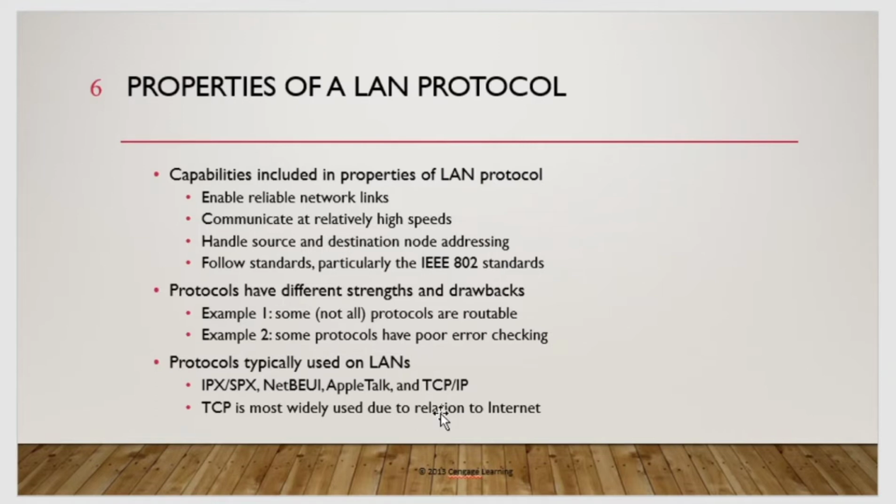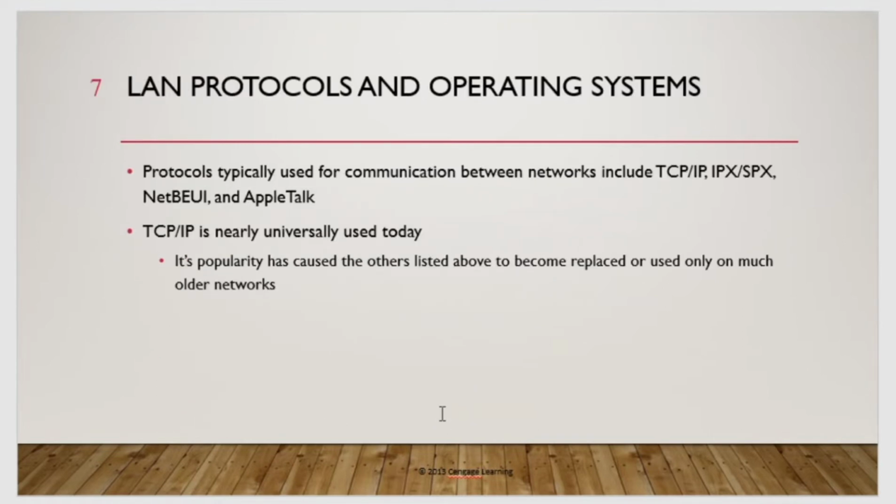Protocols typically used on LANs or local area networks would be number 1, IPX/SPX, number 2, NetBIOS, number 3, AppleTalk, and number 4, TCP/IP. But TCP/IP is the most widely used due to its relation to the Internet. Okay, LAN protocols and operating systems.